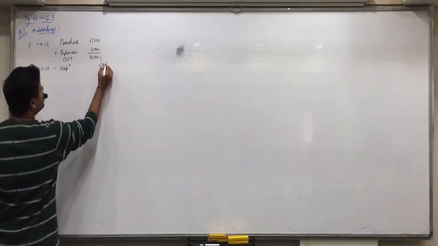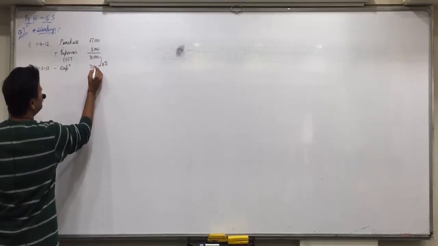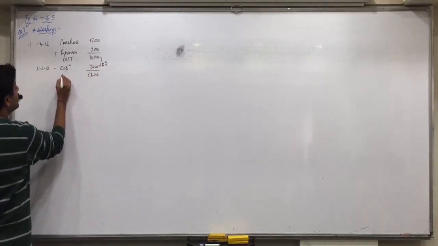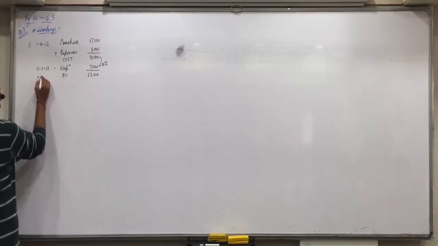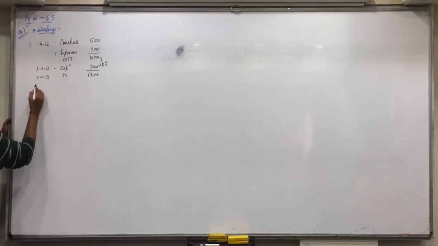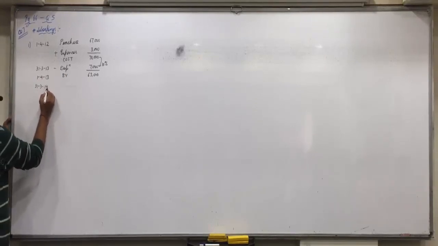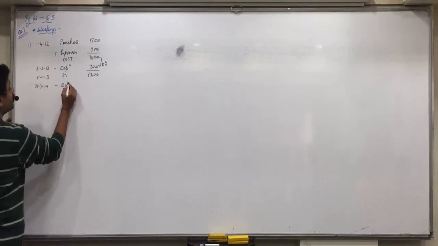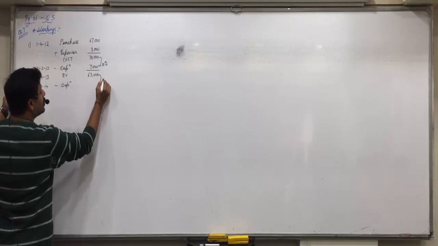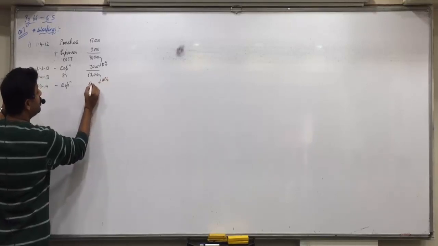So 70,000 at 10%, 7,000. 70 minus 7, 63,000 will be the book value on 1/4/13. This year will end on 31/3/14, minus depreciation, but now it is reducing balance method. So 63,000 into 10%, 6,300.